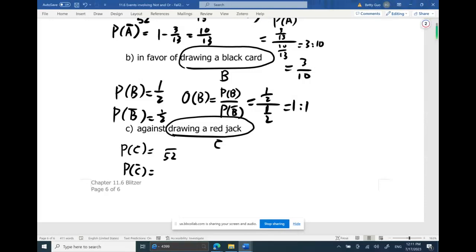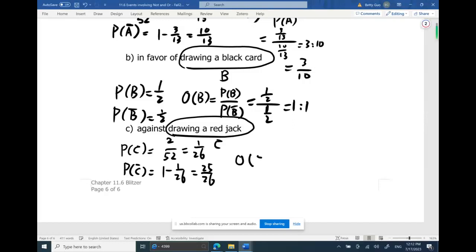Each suit has 1 jack only. So we have 4 jacks in total. 2 of them are red, 2 of them are black. So 2 red jacks. And reduce the fraction, 1 over 26. And the probability of the complement of C would be 1 minus 1 over 26, 25 over 26.